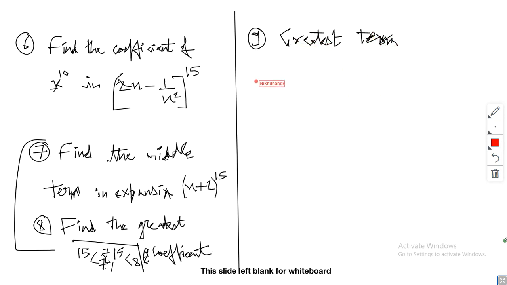And there's one more question on proving. This is a bit tough question. They have given you T3 is A, T4 is B, T5 is C, and T6 is D. So prove this. Here, T3, T4, T5, T6.